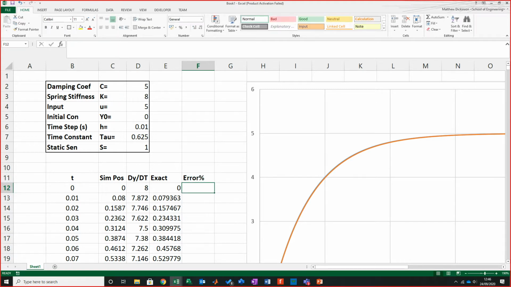So the error percentage. Now it literally is our simulated position minus our exact, all divided by our exact, multiplied by 100. So I'm going to open the arguments.